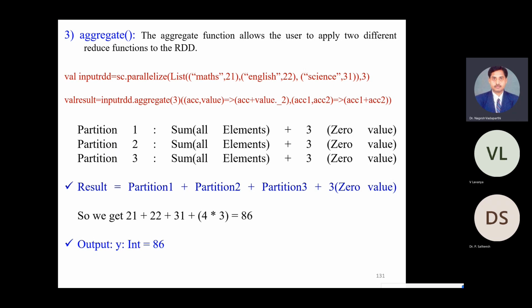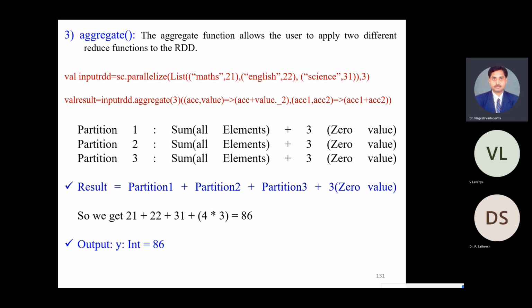Now see here, x input value. I'm taking an input RDD, that is a variable name. inputRDD is equal to sc.parallelize of a list consisting of maths 21, English 22, science 31.